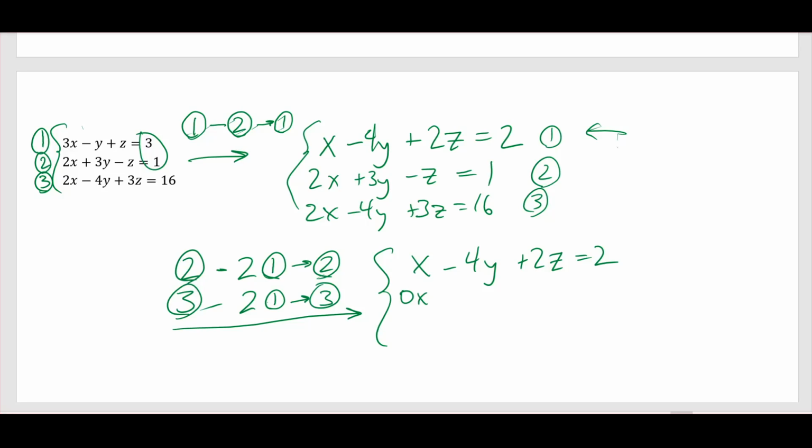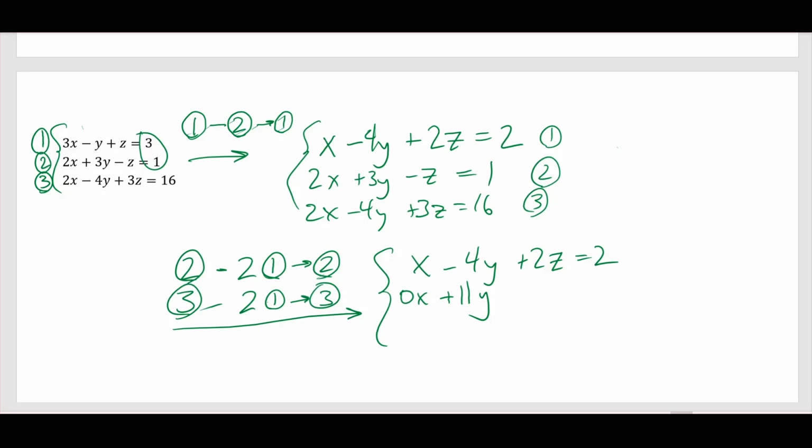Okay, so now we're doing row 2 minus 2 times row 1. So row 2 here has a 3 in the y position, and subtracting 2 times row 1, we're going to be adding 8. So that's going to give us plus 11y, right? 3 minus negative 8. Excuse me, yeah, 3 plus 8 is going to be 11, because negative 2 times negative 4 is positive 8, and we add those together.